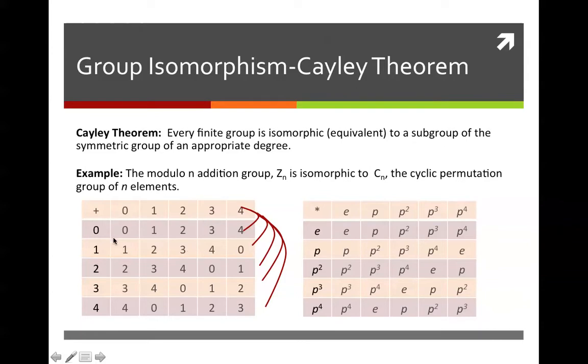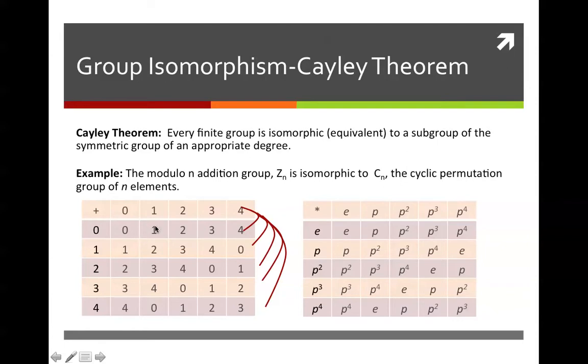And of course, moving along the same way, we go to the next element, which is 2, identified by the permutation formed by taking the first row with the fourth row. So 0 to 2, 1 to 3, 2 to 4, 3 to 0, 4 to 1 becomes element 2. And then likewise 3 and 4.